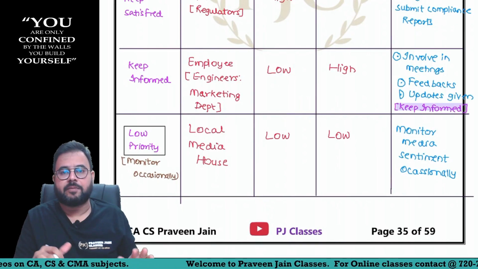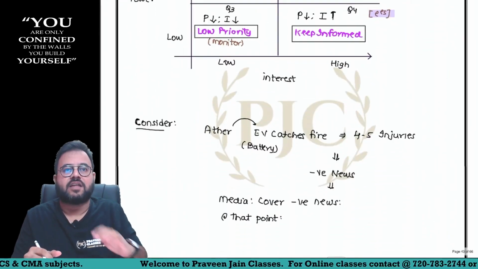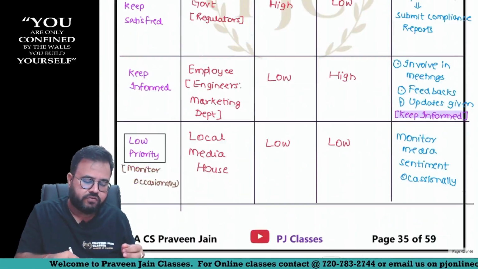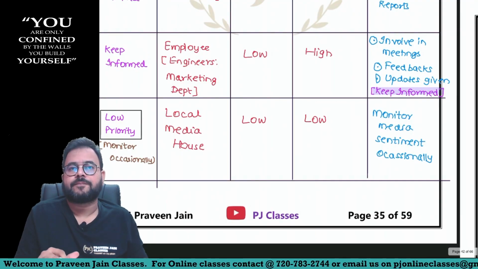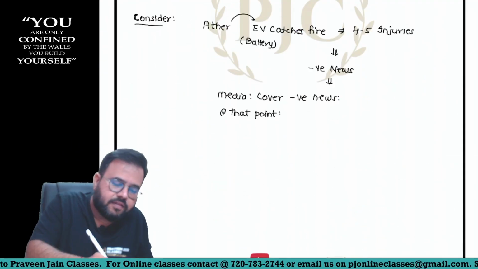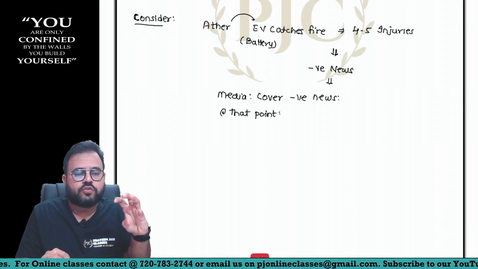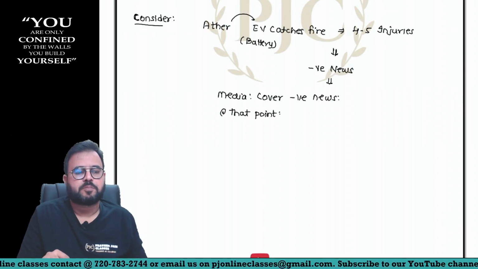At that point of time, when any wrong thing occurs in the company, do you think media houses are a low priority stakeholder or will their status change? Tell me Raja, do you think their status will change?